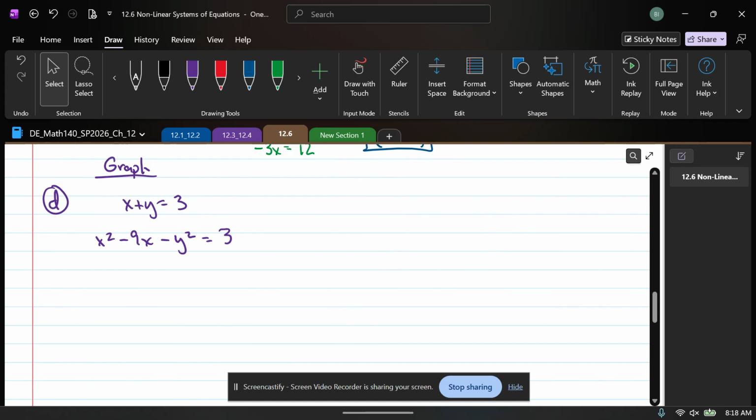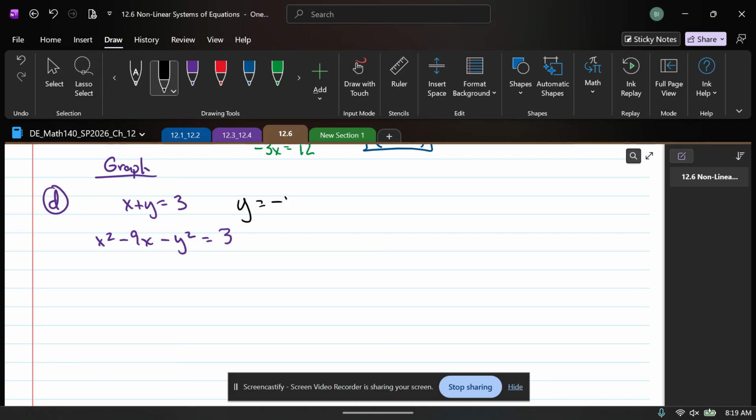So if I want my calculator to graph it, what do I have to have by itself? Y. So the first equation, really easy to get y by itself, right? So we already did that once. We know it's y equals negative x plus 3. That's super easy to graph with the calculator. The second equation is the booger to graph with the calculator. Okay, so we're going to try to get y by itself. So I'm going to move the x squared. I'm going to move the 9x.